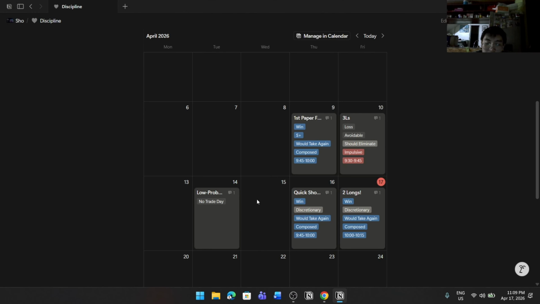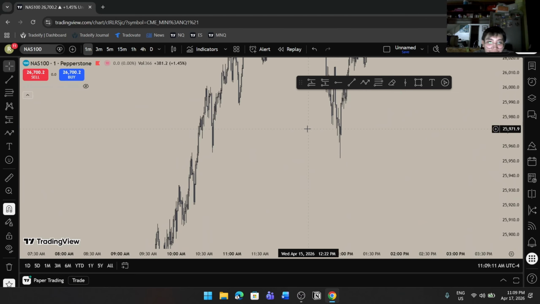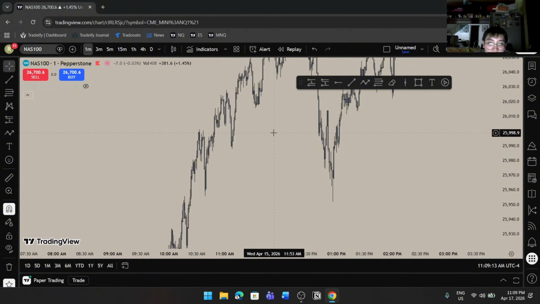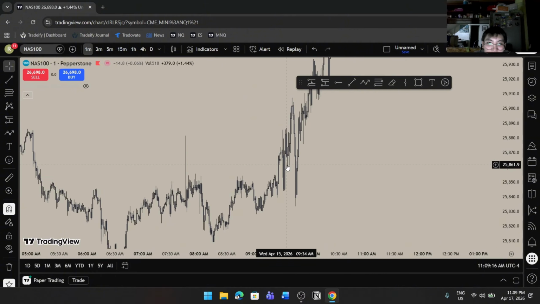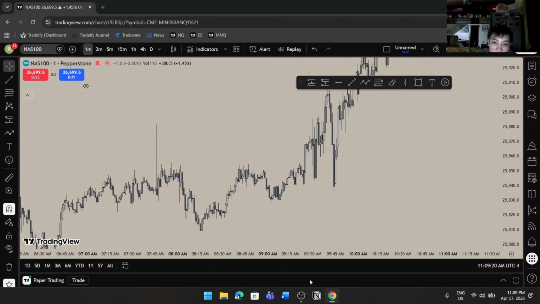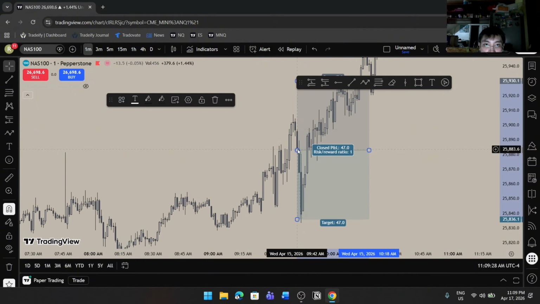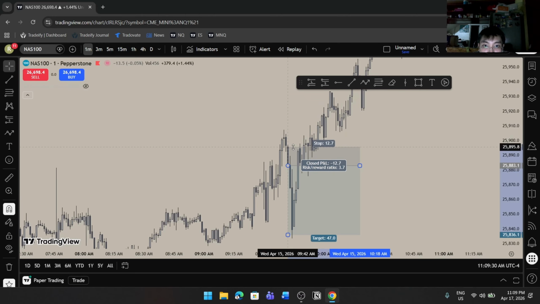I didn't journal this trade I took on this day, which was the short, where a lot of people actually lost on shorts. Although maybe I'm just lucky. I took no trade on Monday, Tuesday. Then on Wednesday, I took this short, but on a different account. That's why I didn't validate it, because it wasn't on the account that I'm growing.